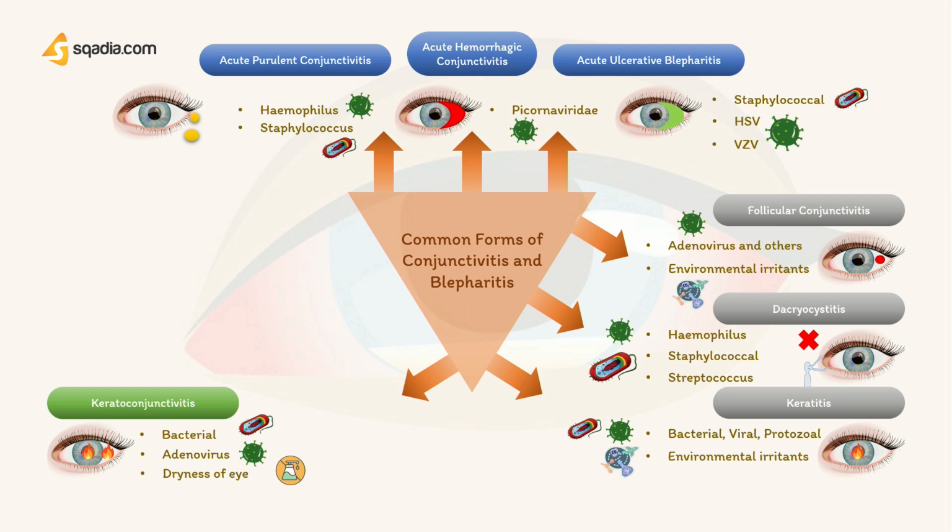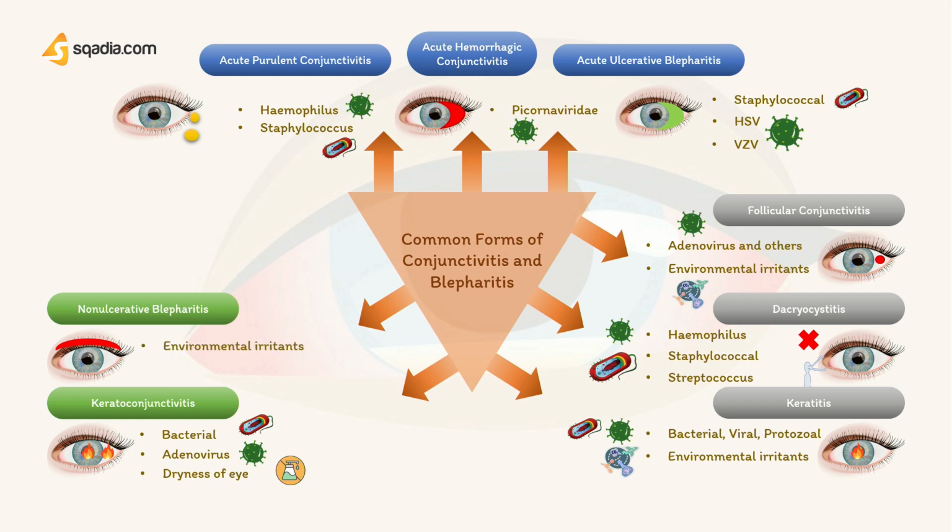Next, we have the non-ulcerative blepharitis. So here, the patients would usually suffer from inflammation, irritation, and wetness of the eyelids, but without ulceration. Here, the causative agents are usually environmental irritants as well as the allergens found in our environment.